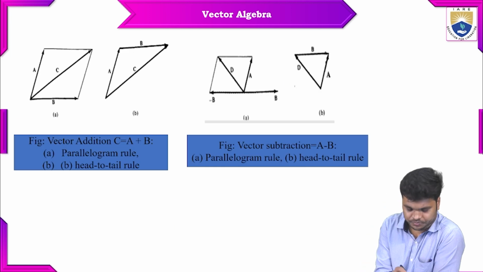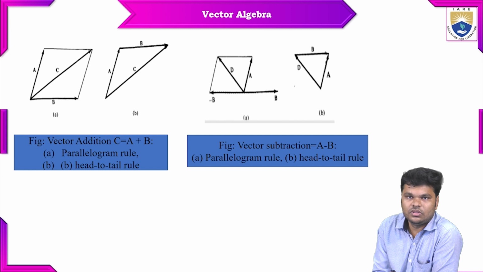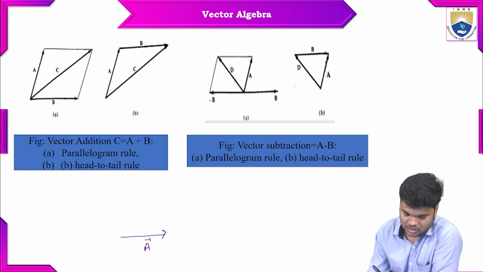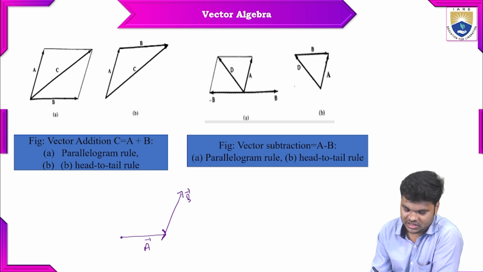See, as I told you, how to find out the resultant of two vectors. Suppose I have a vector like this, A, and I have a vector B like this. This vector has its head here, and this vector has its tail here.